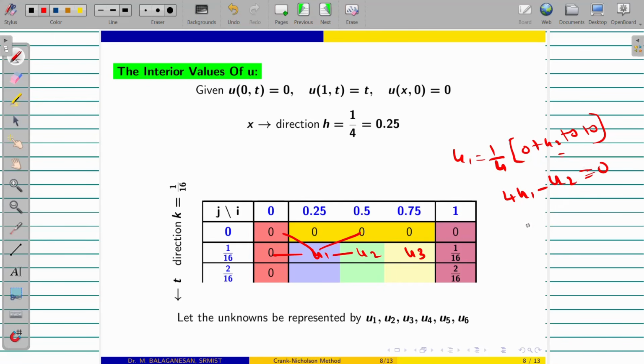This is one equation. Similarly, we have to proceed for u2. What about u2? u2 is equivalent to 1 by 4 into u1 plus u3 plus 0 plus 0.